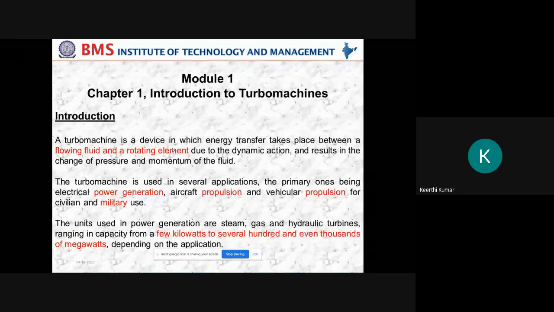Can anybody name any one other than these three, other than pump, hydraulic turbine and fan? Anyone? Can you give another example? So the very simple concept is there should be a rotary motion. Because of that rotary motion, air or water or steam or any fluid should be flowing. That machine is called a turbo machine.